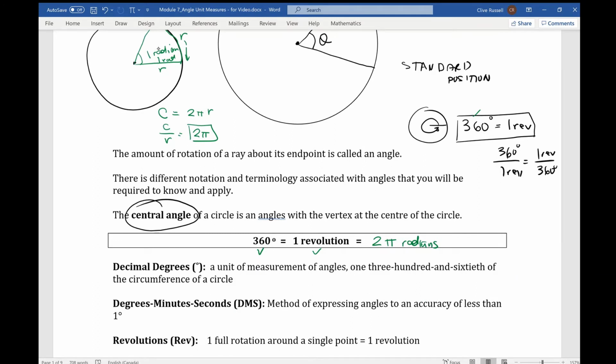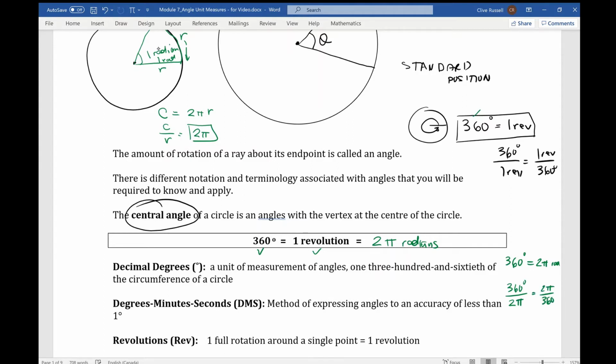So again, from here, we know that 360 degrees is 2 pi radians, and from this we could form, and we're going to be doing this later, but I'm just giving you a preview of it, we know that 360 degrees over 2 pi is the same as 2 pi over 360.